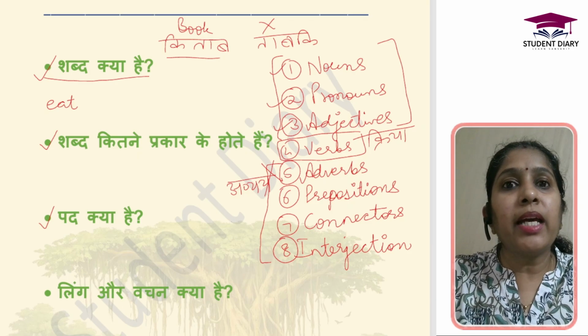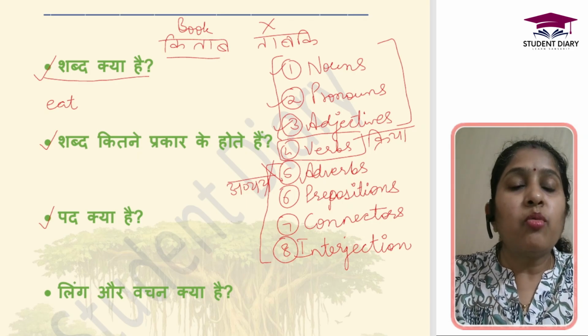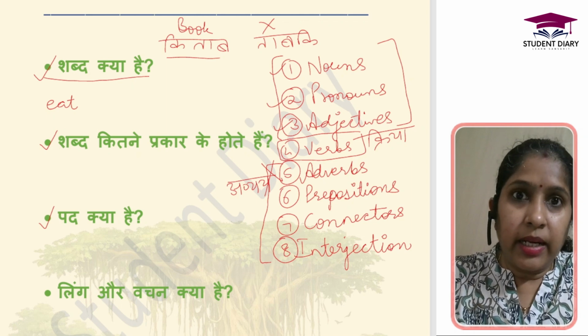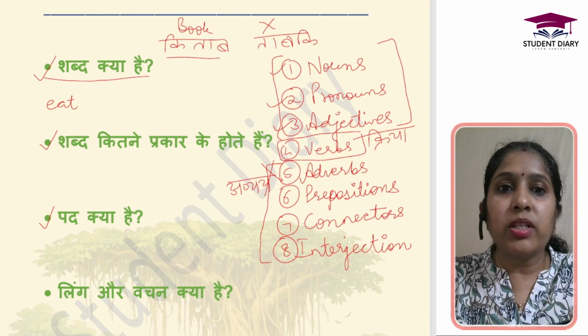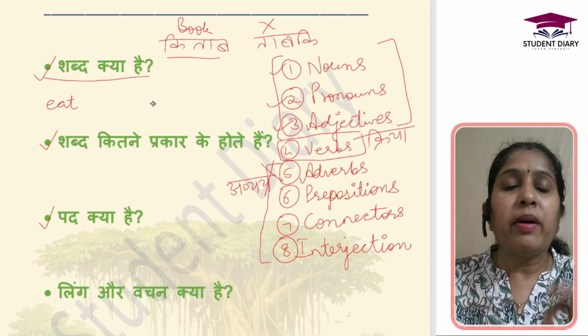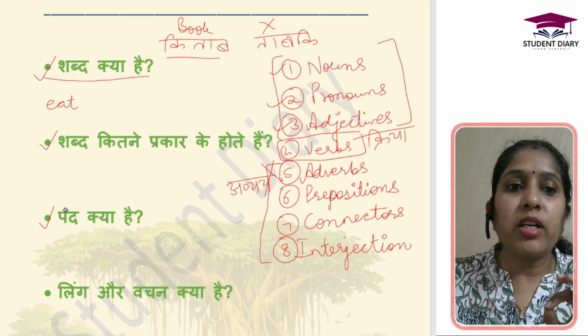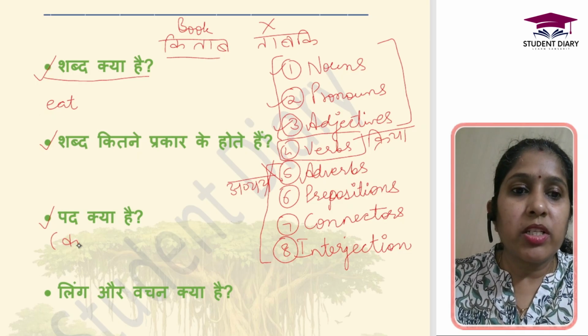Okay, shabd is like, independently, just you have written one kitab. But when you want to use that in the sentence, by modifying the form of this word, then you call it a pad. Okay, I hope everyone has understood the difference between a shabd and a pad. So generally, when we learn Sanskrit, they talk about kartri pad or kriya pad, right?